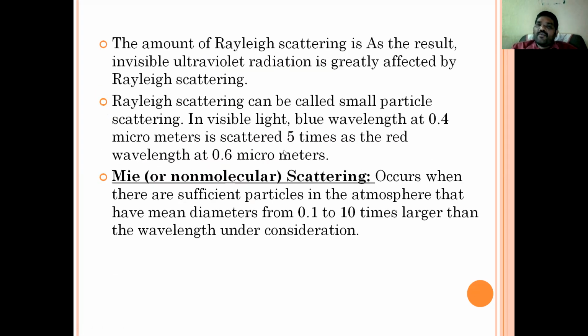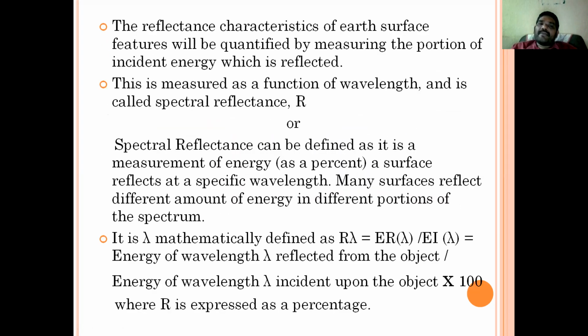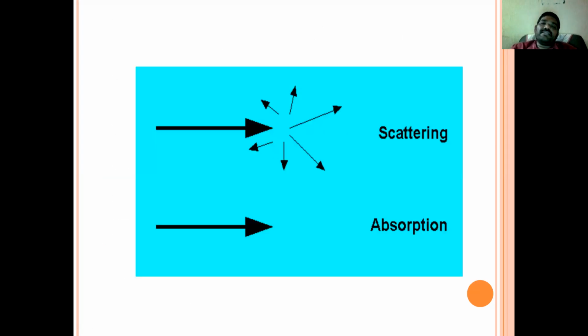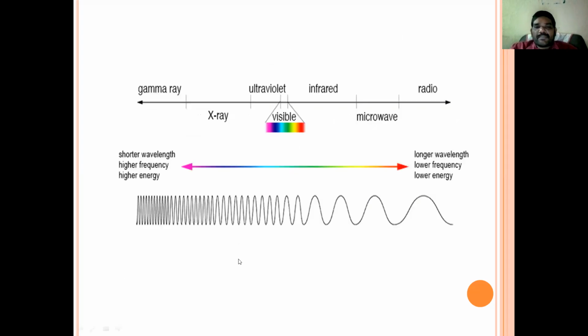Have a focused mind here. Spectral reflectance can be defined as a measurement of energy. Measurement of energy of what? A surface that reflects at a specific wavelength. What does specific wavelength mean here? It is a specific wavelength of the electromagnetic spectrum.